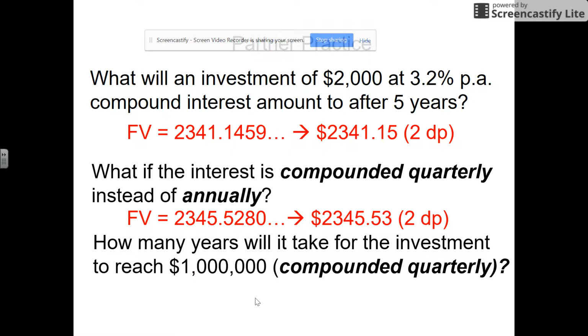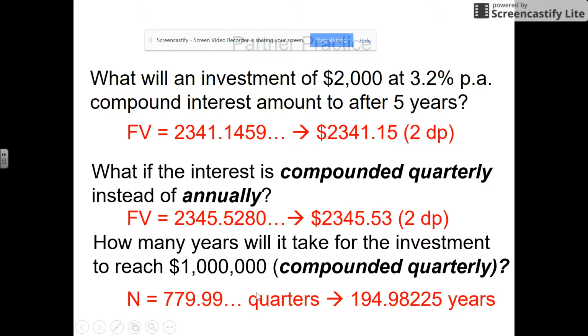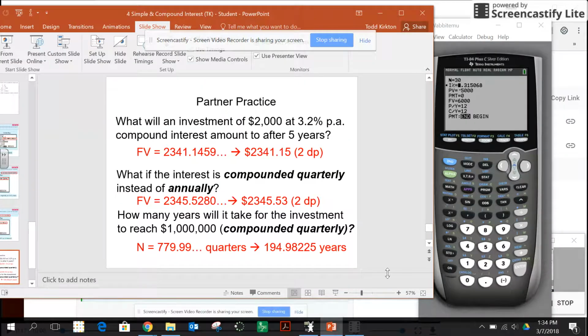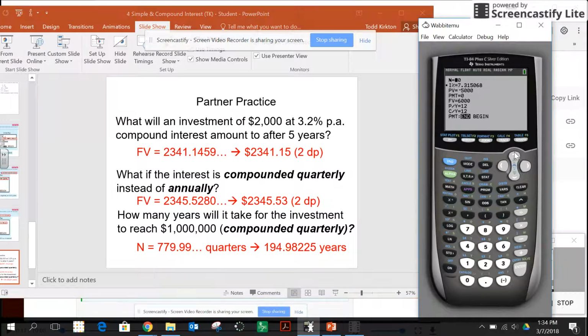And then if you want to end up with $1 million, this tells you how long it's going to take to get there. It's going to take a long time on this one. You probably need to put a little bit more in unless you plan on living a long time. So again, when you're finding these different amounts, you're using your alpha solve differently. So like on this one, we're trying to figure out how long. We know it's 3.2. Present value, negative 2,000.